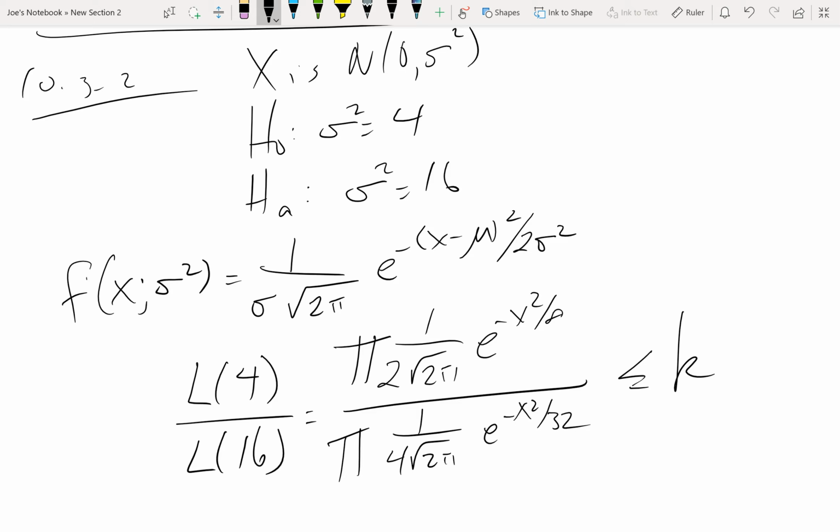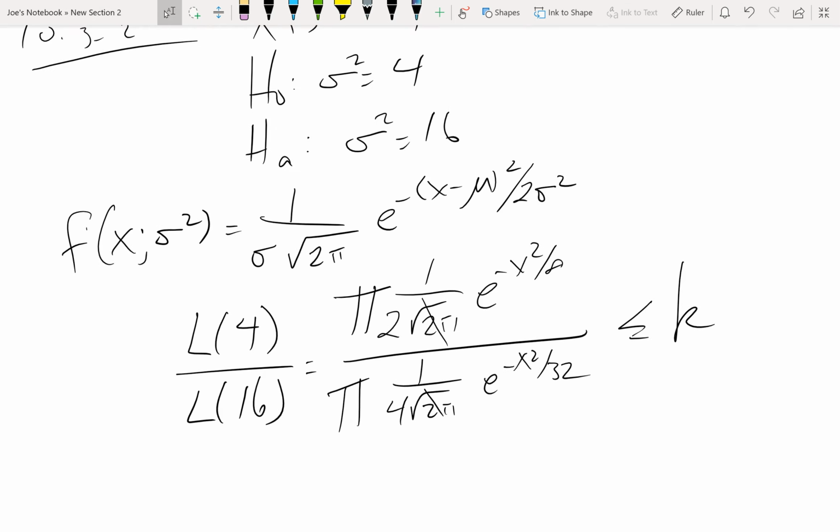Notice that the 1 over root 2 pi's will cancel each other out on top and bottom. Now, again, I don't really care what this constant is on the right-hand side. I just want to say that it is some constant.